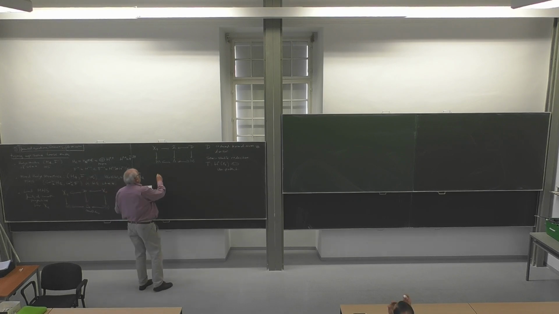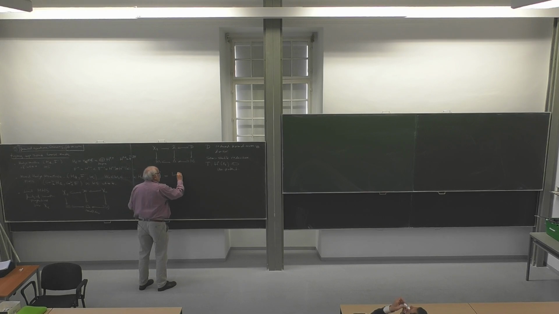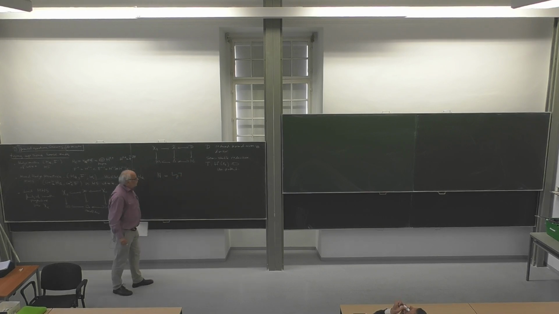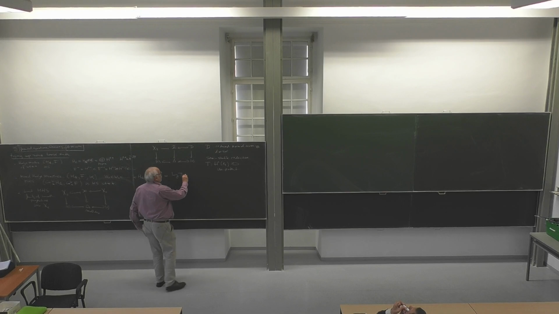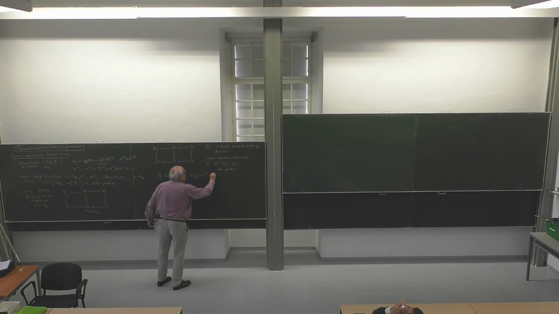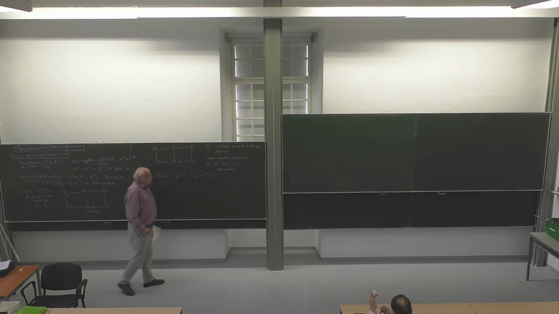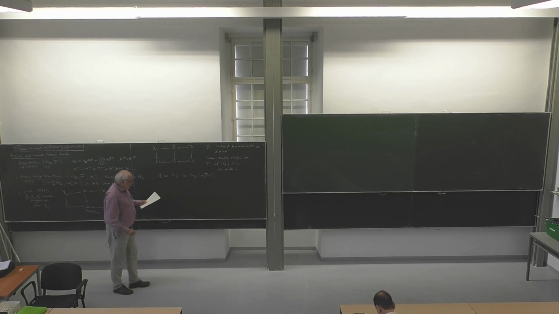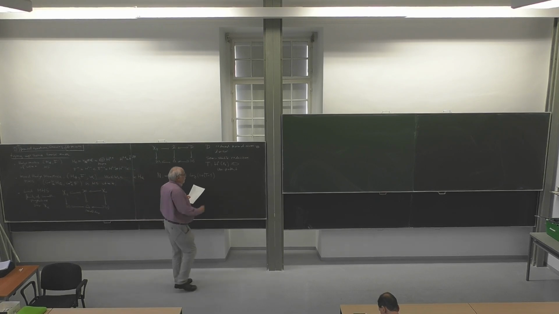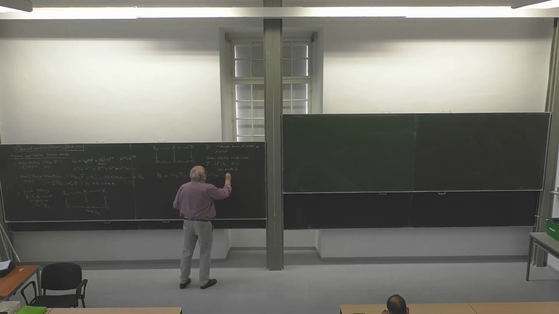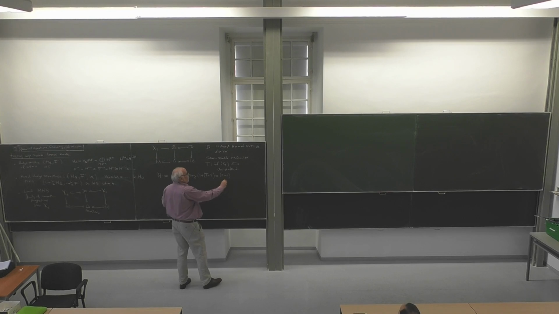And you can take the matrix N as the logarithm of that unipotent matrix. So this T, you maybe can do it like this, and then you expand this in a logarithm series.